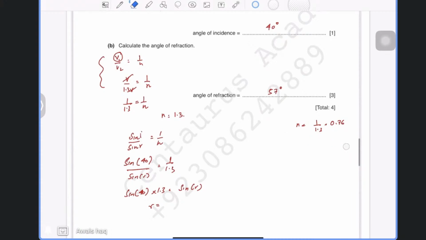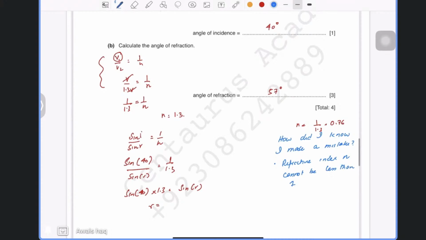So I said that, how did I know I made a mistake? All right. So refractive index n cannot be less than 1, which is in air or vacuum.